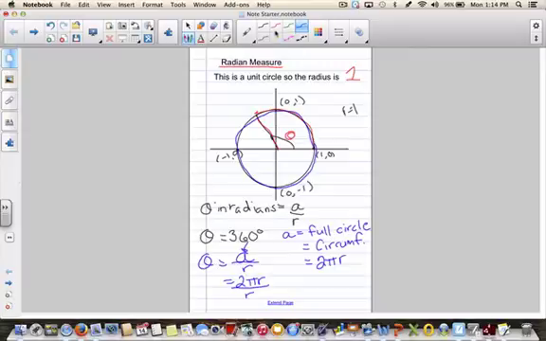Hopefully you can see then that I can cancel out my r's, and it's equal to 2 pi. So 360 degrees is equal to 2 pi radians, or sometimes you'll see that as 6.28 radians, because 2 pi just means 2 times 3.14. So all the way around a circle is 6.28 radians.